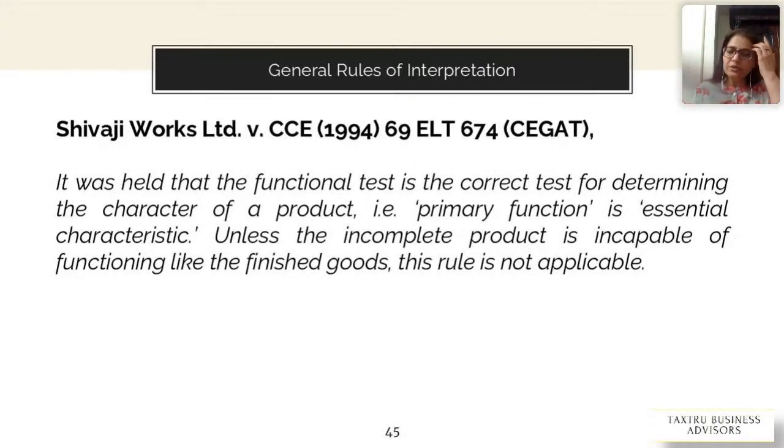Similarly, in another judgment, we have seen a refrigerator without the compressor is just a body, like a normal wardrobe, which you can use for anything apart from refrigeration, because the condenser or compressor is not fitted. So these are the various methods we can use while dealing with classification issues, when the essential characteristics have to be tested in case of an unfinished or unassembled product.